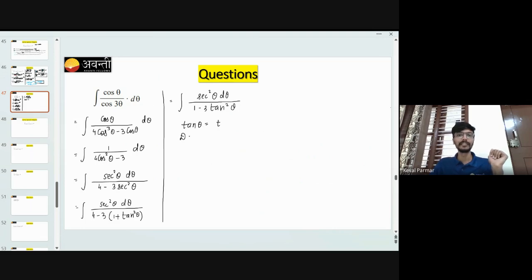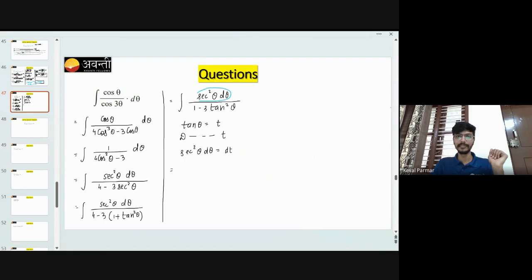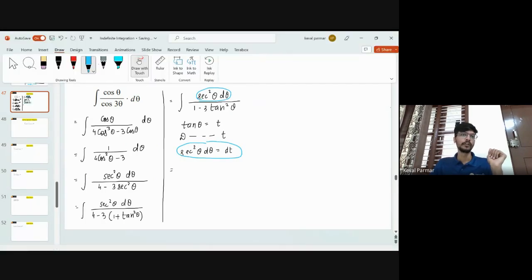Then I differentiate with respect to t. What I'll get is sec square theta d theta equals dt. So if I substitute both of these here, in place of sec square theta d theta I can write dt. Correct?